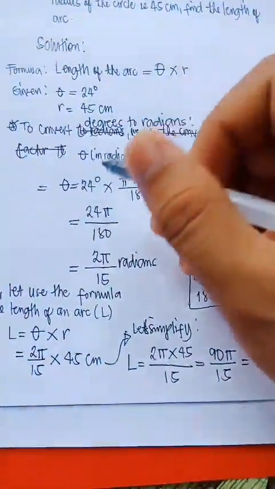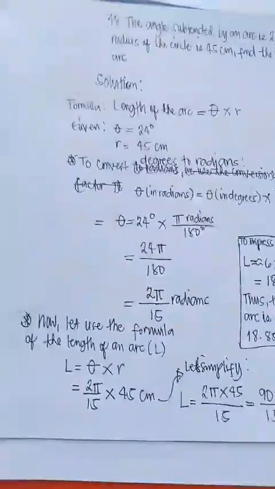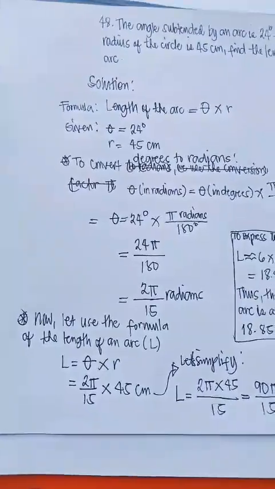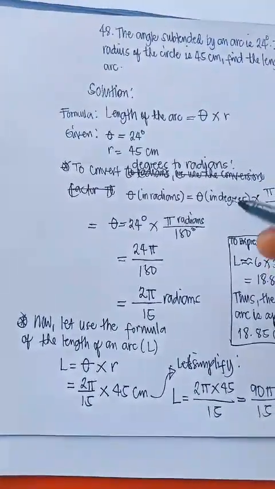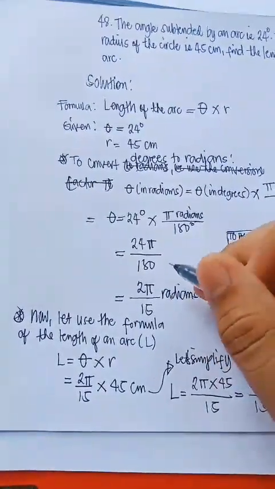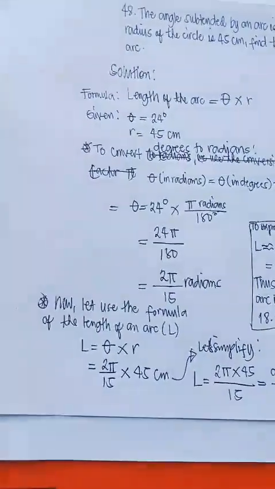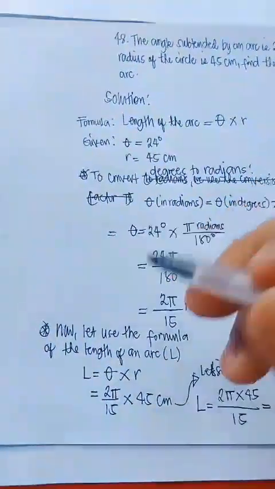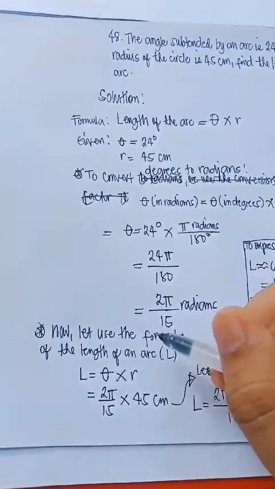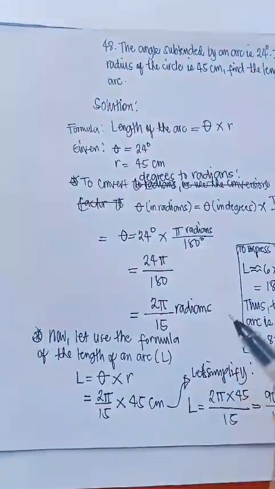Next, this will become 2 pi over 15, or 2 pi radians over 15. Now let's use the formula length of the arc equals theta times r.